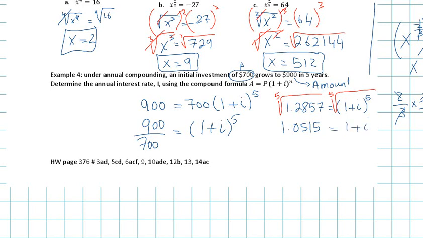That's going to be 0.0515, which equals the interest. The interest is usually in percentage, so you multiply that by 100, and that's 5.15%.